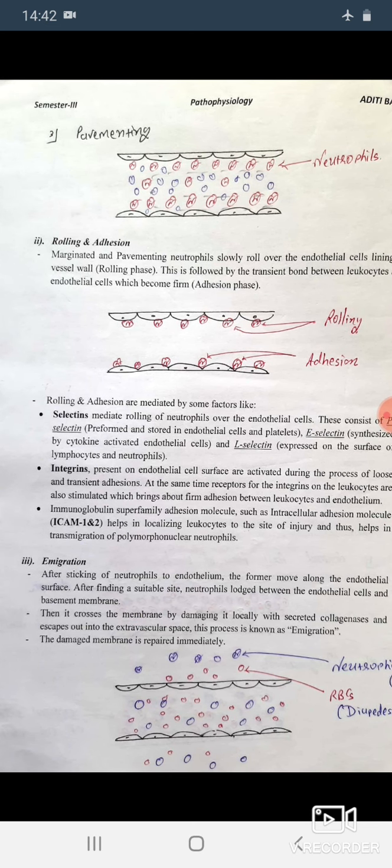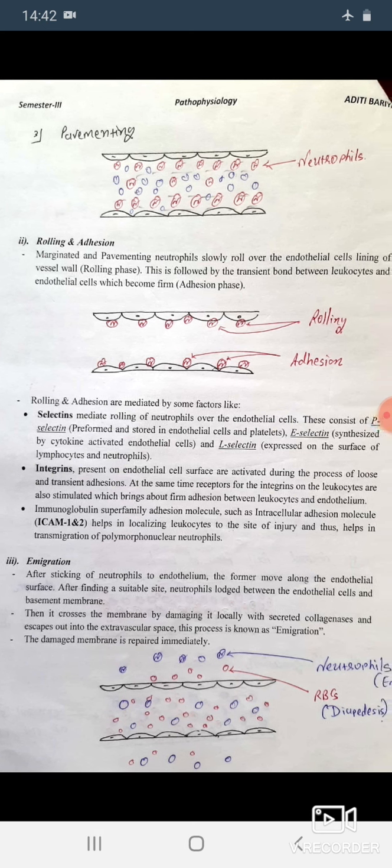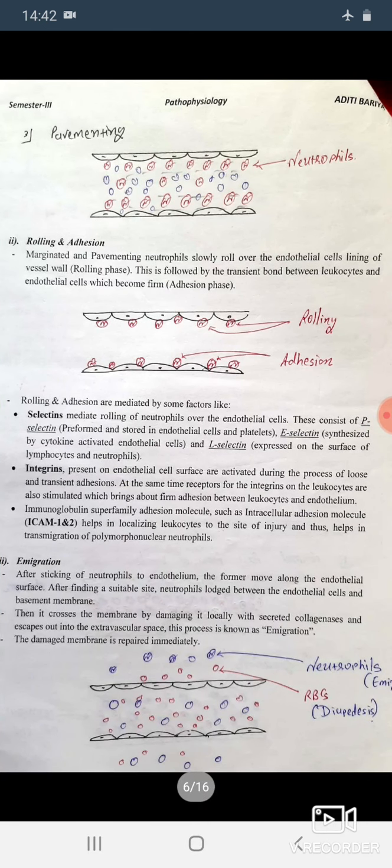Now the third phase is immigration. Immigration is, after sticking of neutrophils to the endothelium, the neutrophils move along the endothelial surface. You can see in the picture that the blue colored cells are the neutrophils. The neutrophils first stick to the endothelium and then move along the endothelial surface.